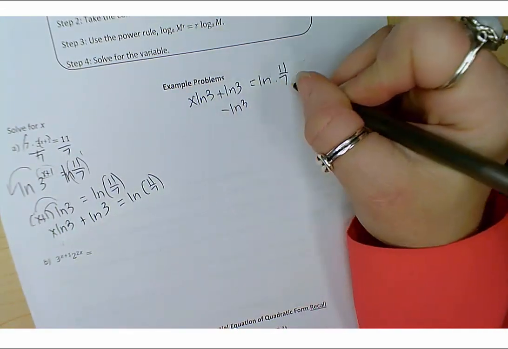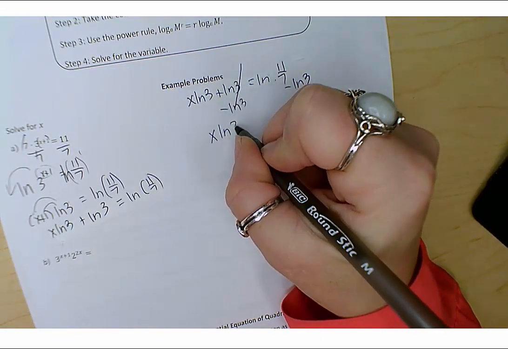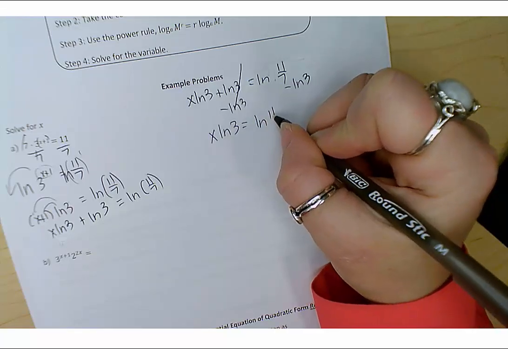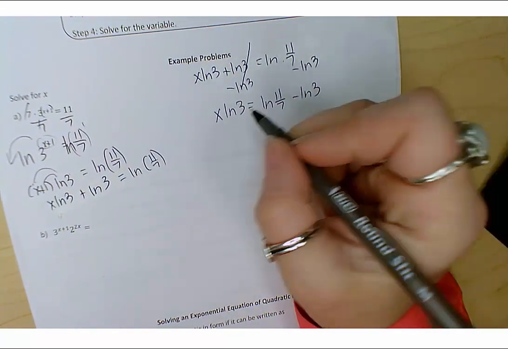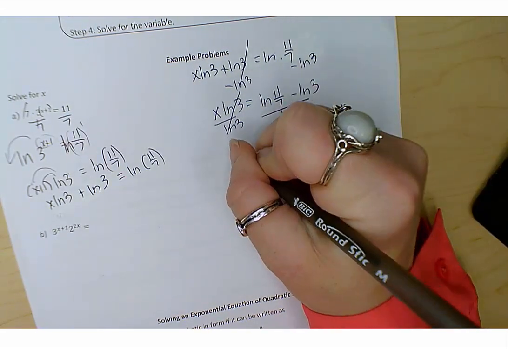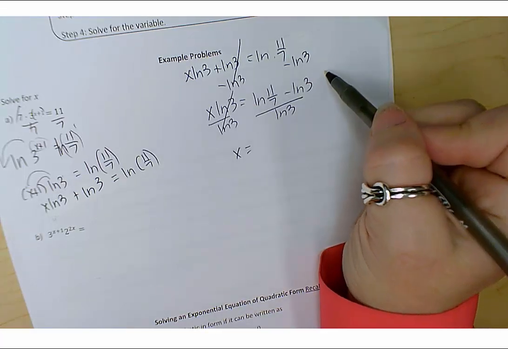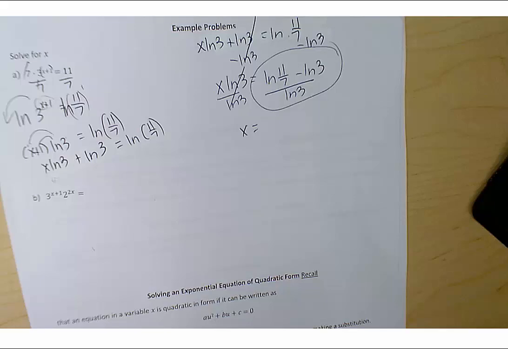So the first thing we want to do is subtract ln 3 on each side to get x ln 3 is equal to ln of 11/7 minus ln of 3. We want to get x by itself by dividing both sides by ln 3. So x is equal to what we get when we type all of that into a calculator.